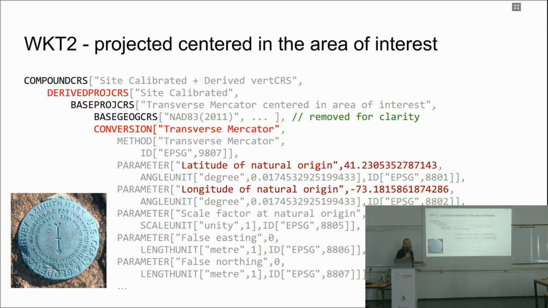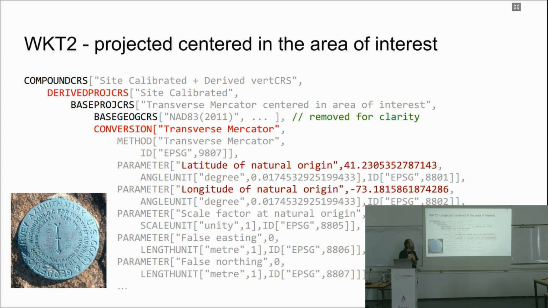That's the horizontal part. It has first a base projected CRS, that's the projected coordinate system I was talking about before. In this case, it's a transverse Mercator. You can use any other, Lambert conformal conic or any other projection you like, centered on the area of interest.